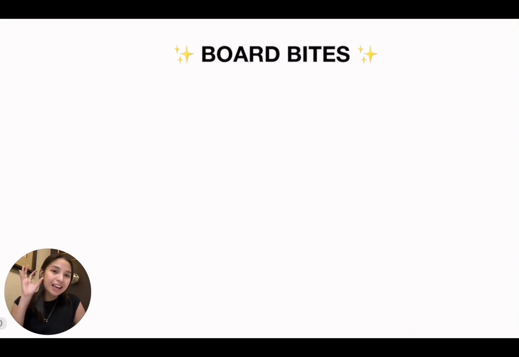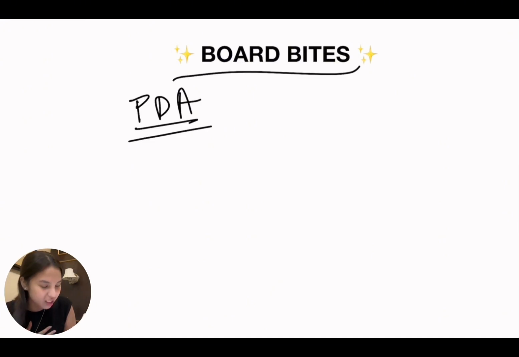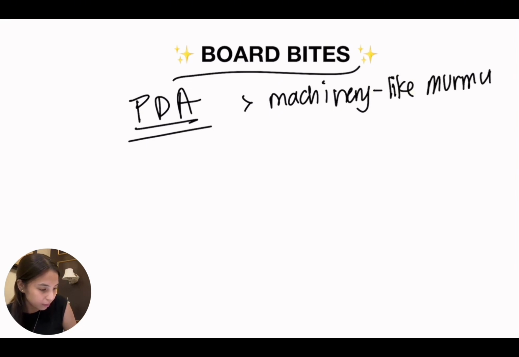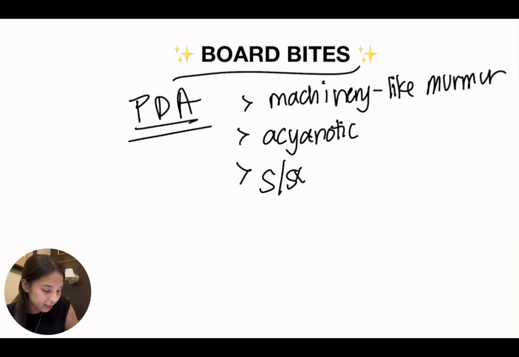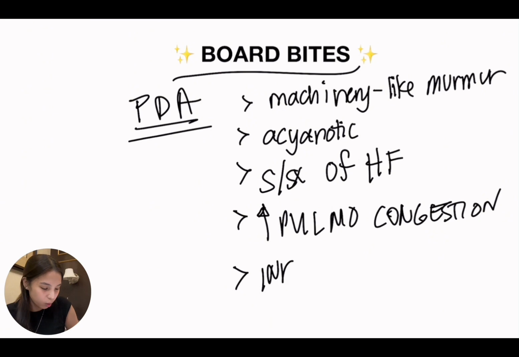Now, if you don't take anything from it, I want you guys to have understood that, but this is what I want you to memorize. This is your baon for the board examination. When we talk about patent ductus arteriosus, this is all I want you to remember: machinery-like murmur, acyanotic, signs and symptoms of heart failure, increased pulmonary congestion, and indomethacin.